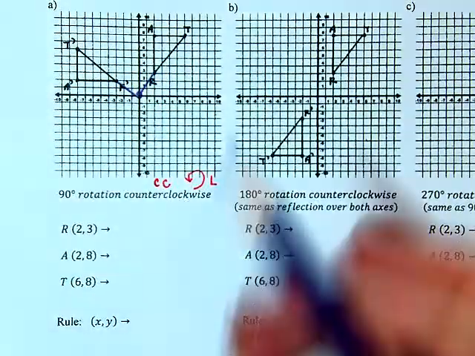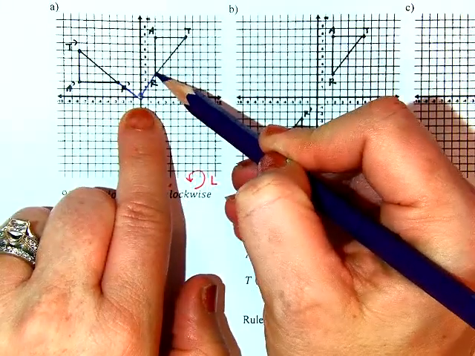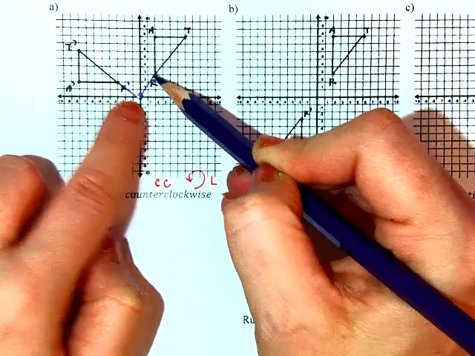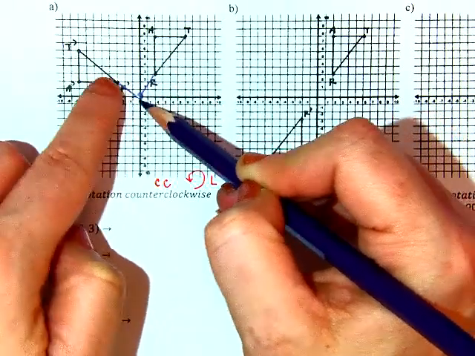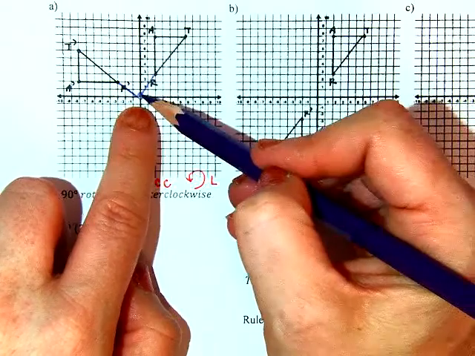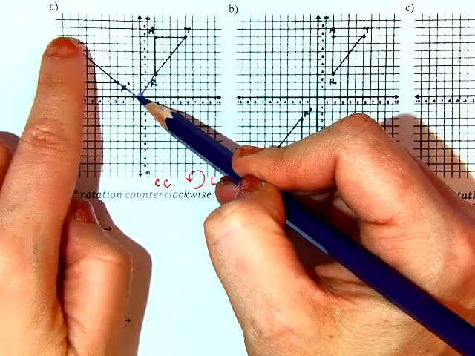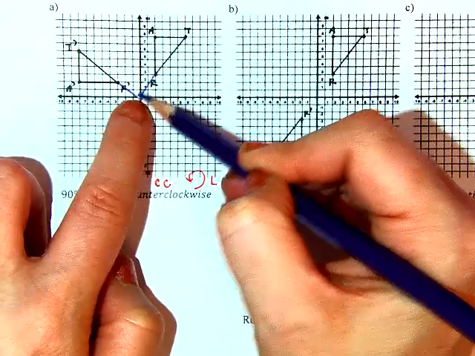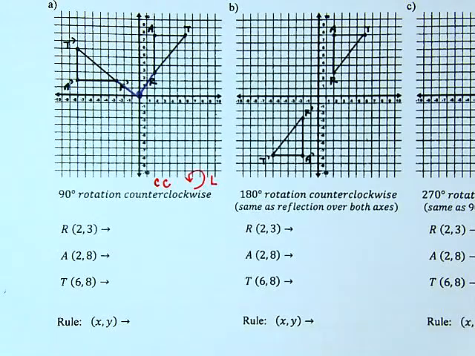Okay, we're seeing that the distance from the center of rotation to point R and to R prime is staying the same, and I can see that right angle right in here. So I could do the same thing to the T's. I'd see the right angle. If I did it to the A's, I'd see the right angle and know that that distance is staying preserved.